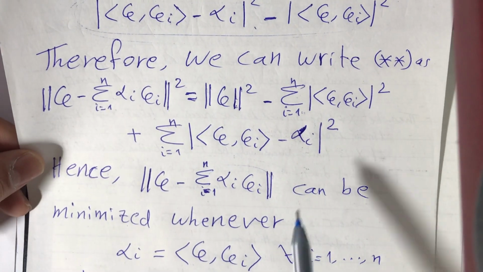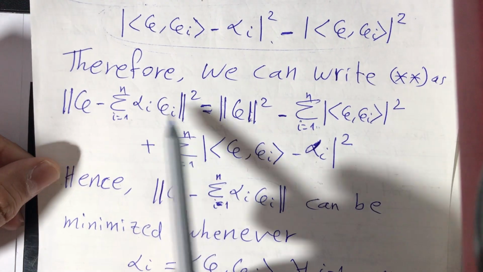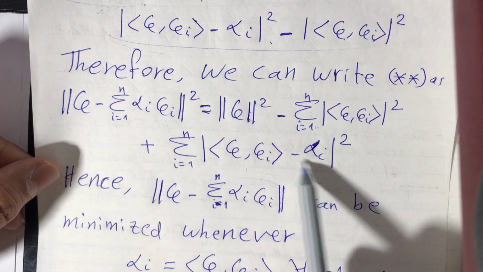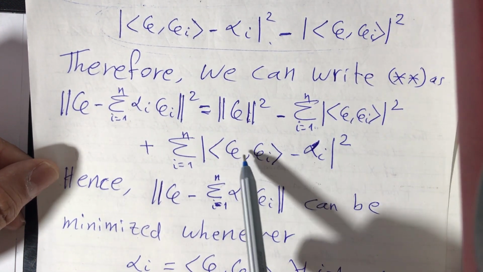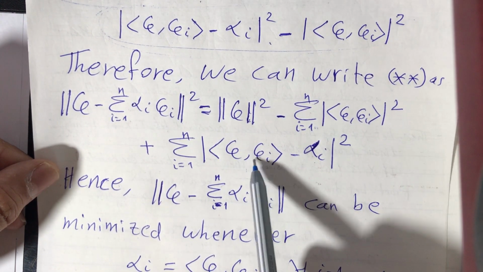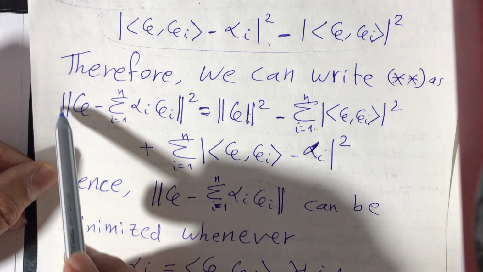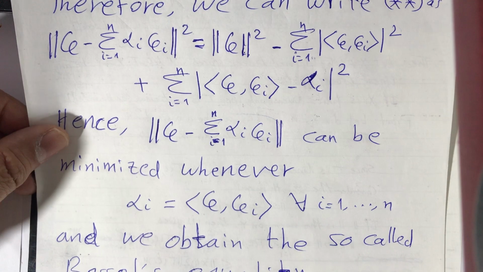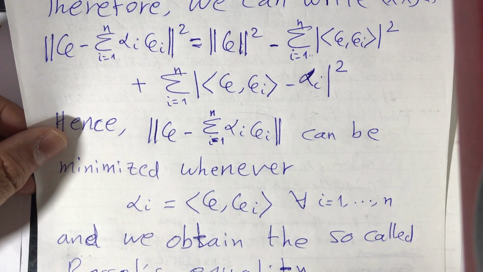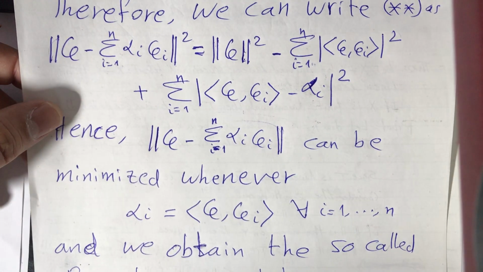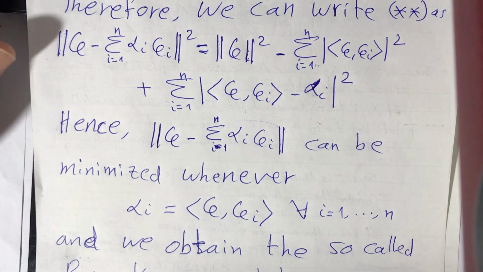If we want to minimize this, we take alpha i equal to the inner product of phi and phi i. So this will be removed and this will be 0, and we call this Bessel's equality.